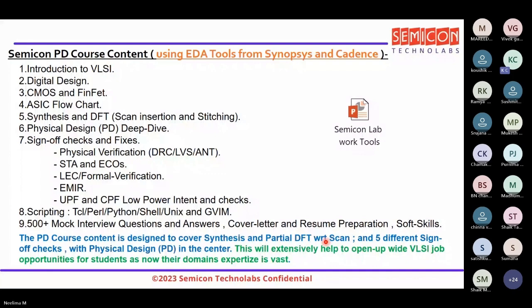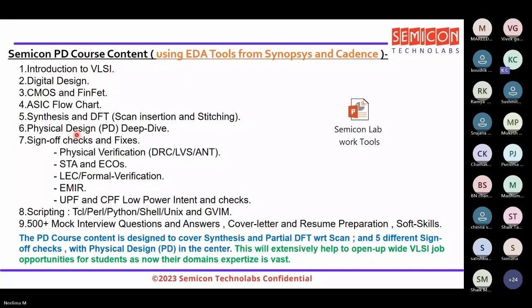Physical verification, STA, LEC, EMIR, and UPF, with physical design in the center. Though the course is related to physical design, we are also covering synthesis and DFT, which are before physical design, and we are covering the 5 different sign-off checks, which are after physical design.